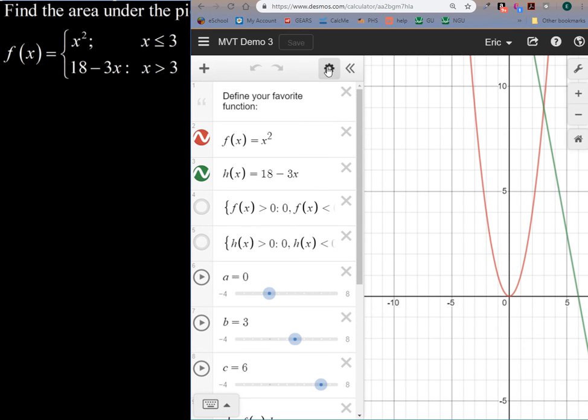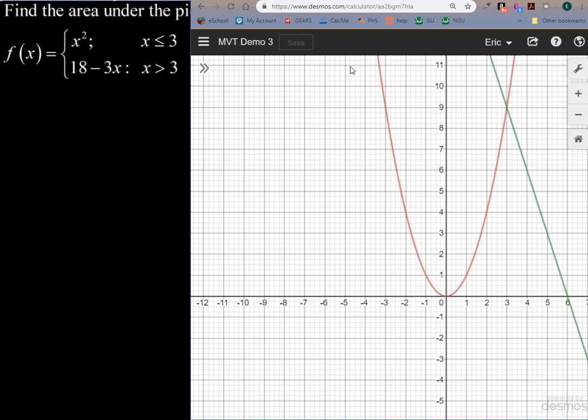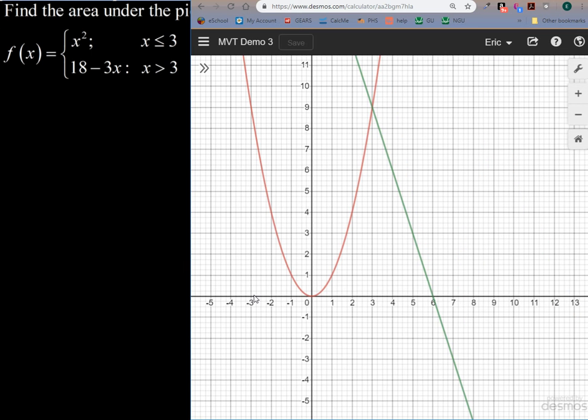Okay, so there's 2 parts to this piecewise function, right? We've got x squared when x is less than or equal to 3, and we've got 18 minus 3x when x is greater than 3.